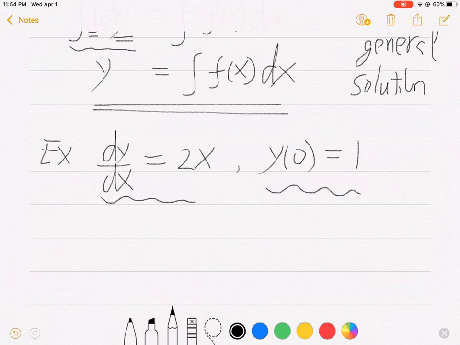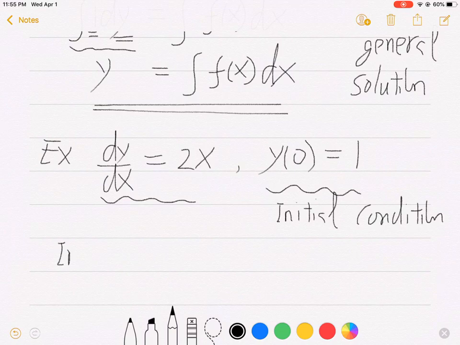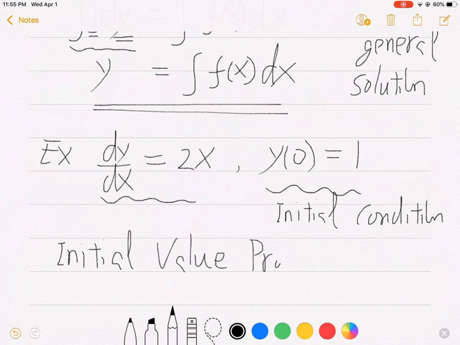This condition is called the initial condition, and this problem is called an initial value problem. Sometimes we call it IVP.